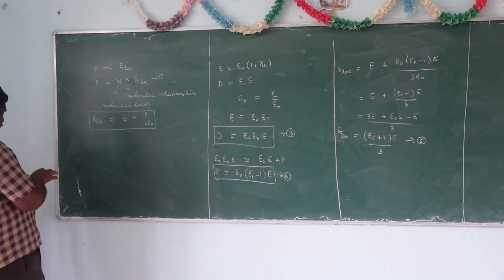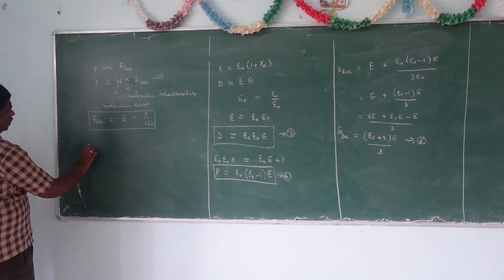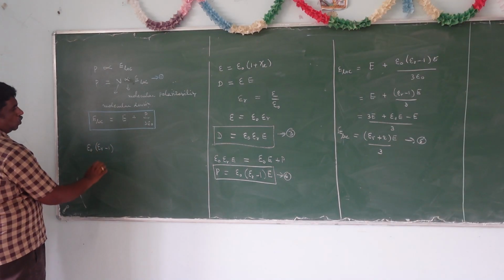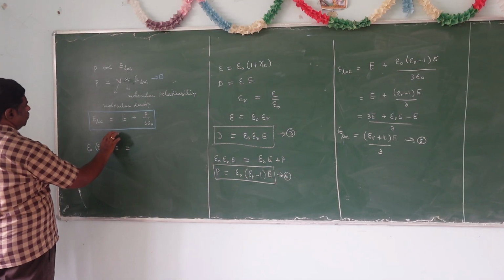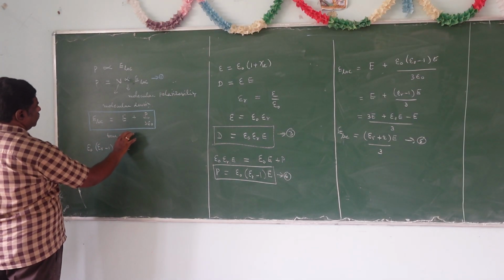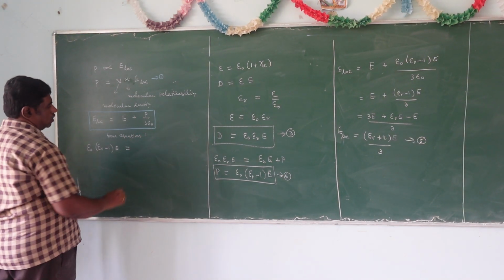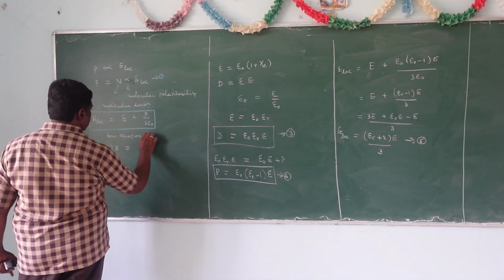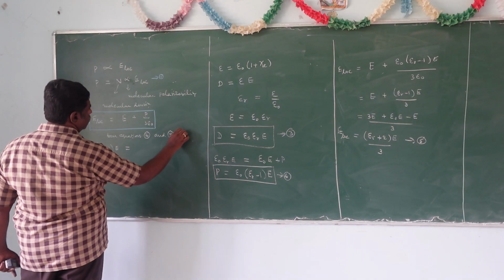Now, instead of P, we substitute epsilon naught (epsilon r minus 1) into E from equations 4 and 5.